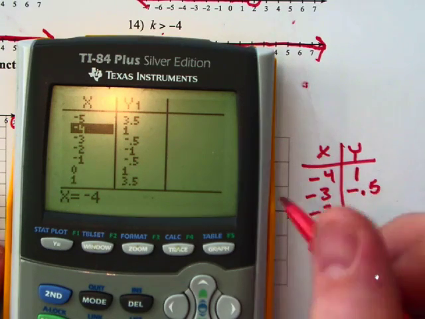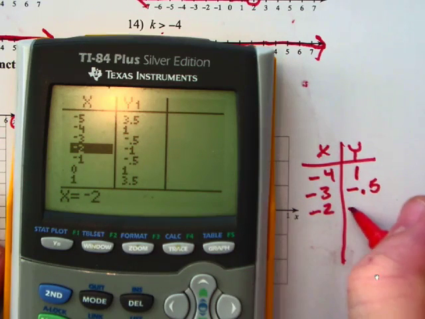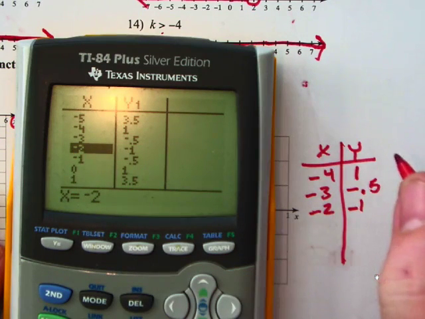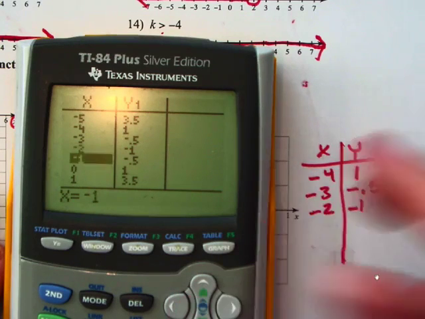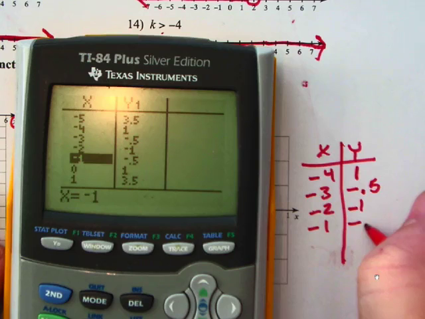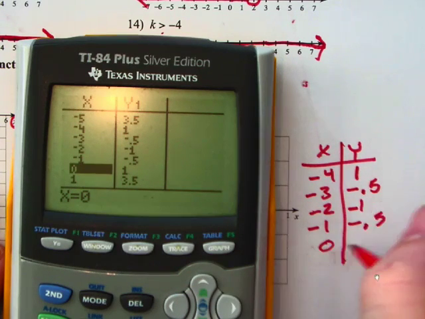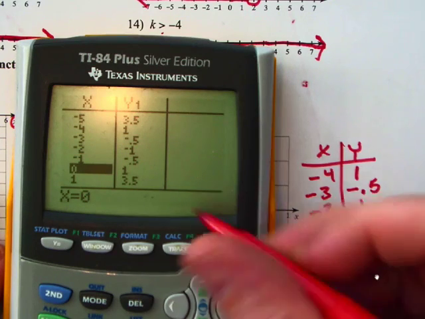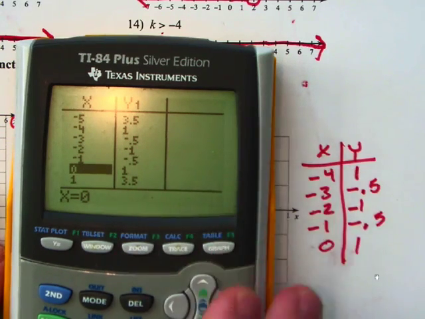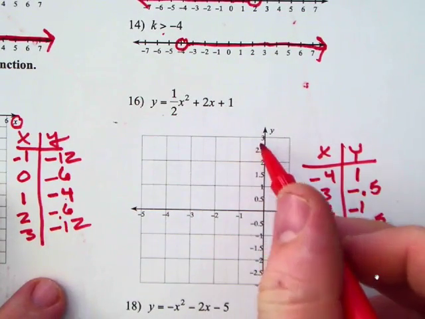Negative 2, y is negative 1. When x is negative 1, y is negative 0.5. When x is 0, y is 1. Okay, and then we're back above 3, which we can't do. We just stay there because we can't go above 3.